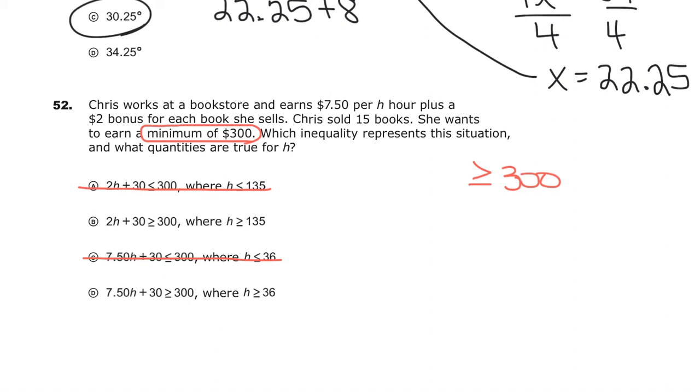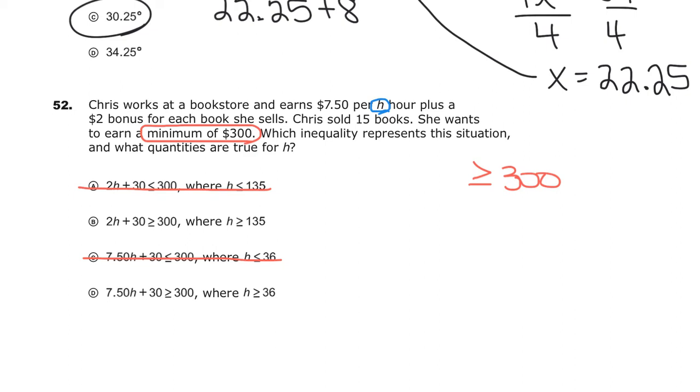Okay, one answer is 36, one answer is 35. Look at the actual inequality, though. Look at the placement of the variable. After choosing your inequality sign, look to your variable. What does the H stand for? Hours. The H stands for hours.